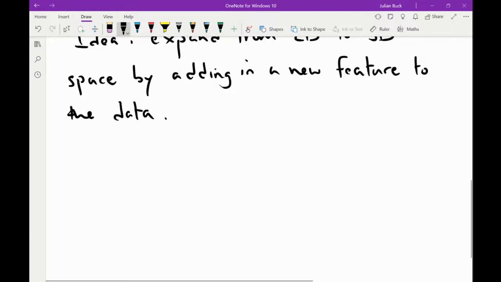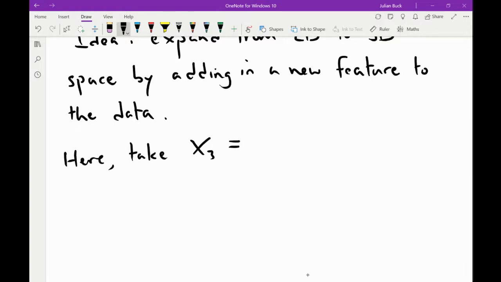Here, we take a new feature x3 given by x1 squared plus x2 squared.